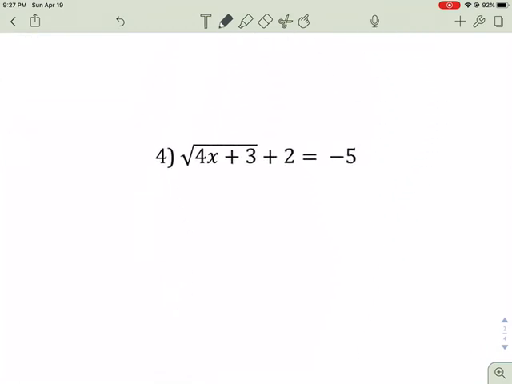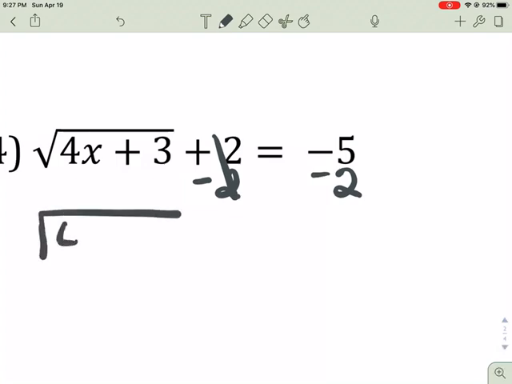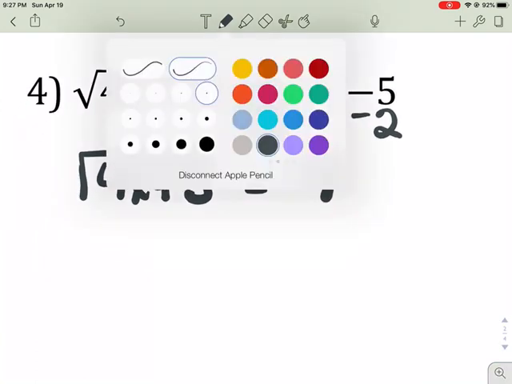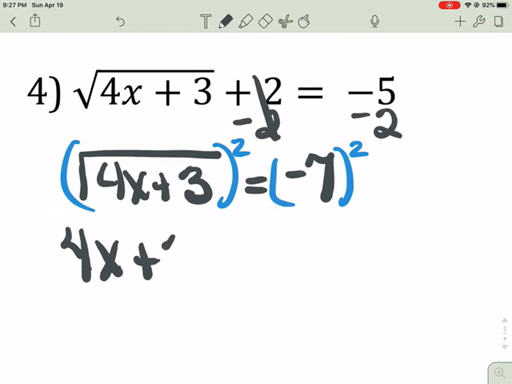All right, let's try this one. We're going to want to subtract the 2. Okay, so we get the square root of 4x plus 3 is equal to negative 7. Square both sides because it's a square root, so that's why we're squaring. We get 4x plus 3 is equal to 49.